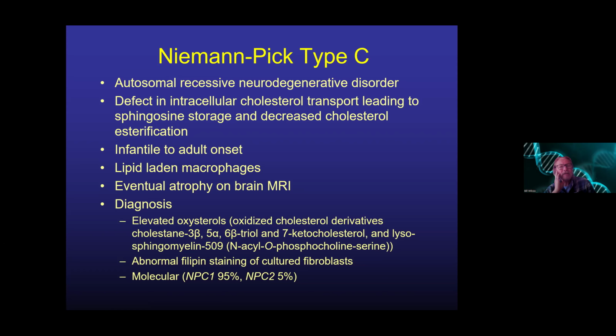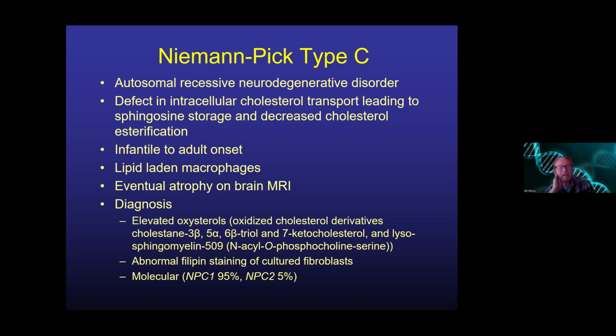It has infantile to adult onset, and they have lipid-laden macrophages, and eventually they develop atrophy on their brain MRI. The diagnosis is made with elevated oxysterols. That's a suggestive test. It's not done at very many places. They do it at Mayo, for example.